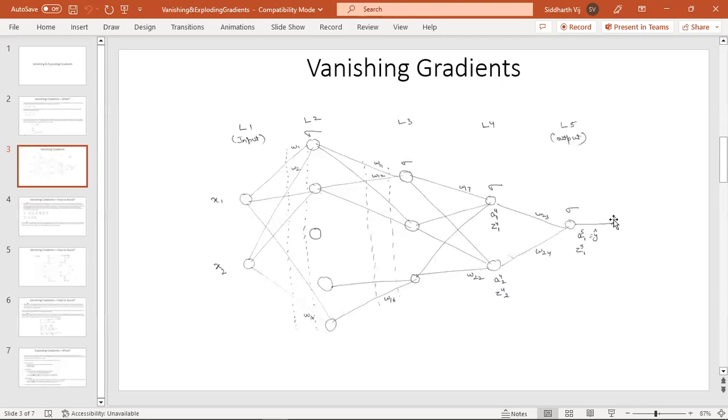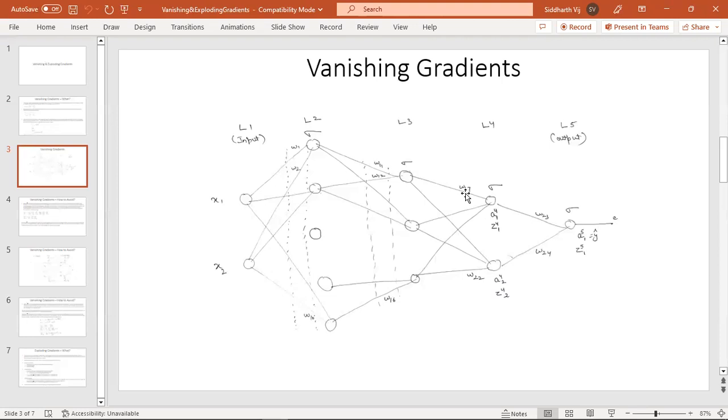It will start from E, it will go to the y hat, then it will go to Z51, and then it will go to W23. On the contrary, when we want to go to, let's say, W17, the gradient of error with respect to W17 will have additional parameters in its computation, which will be A41 and Z41 along with W17.